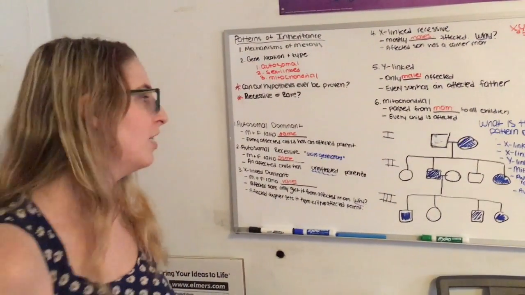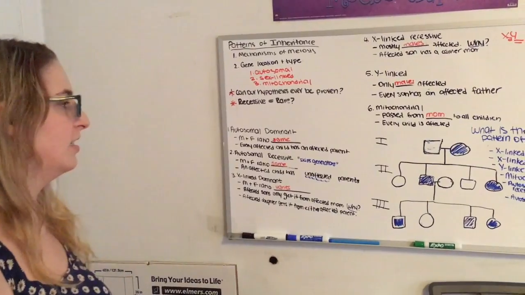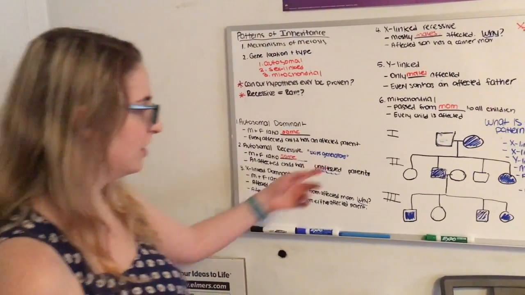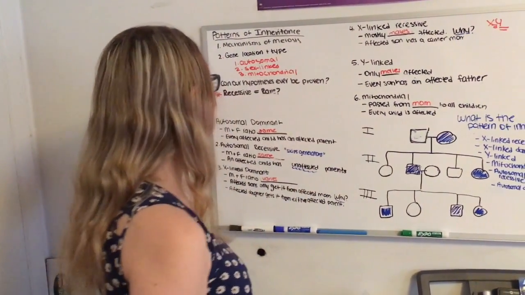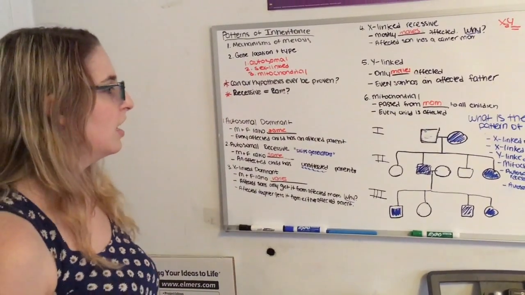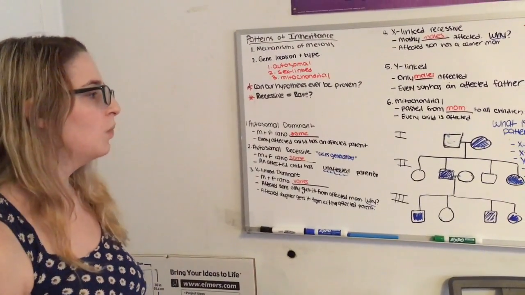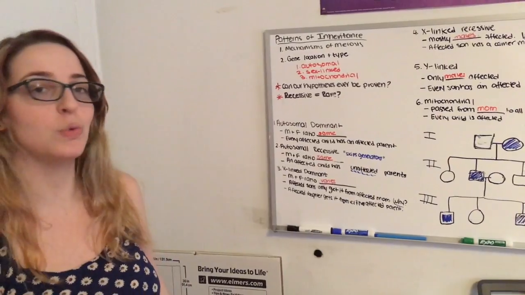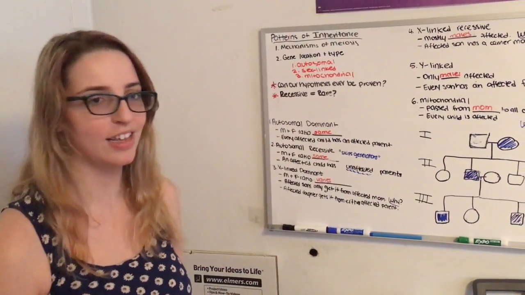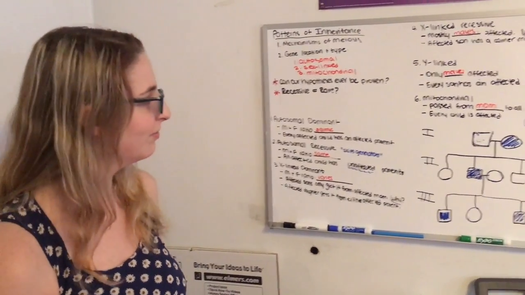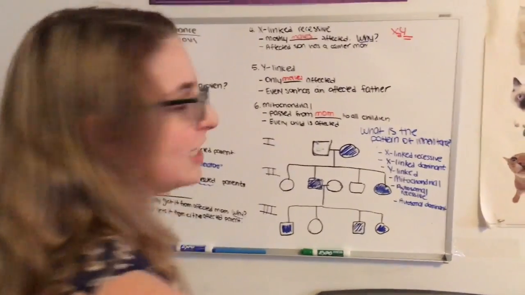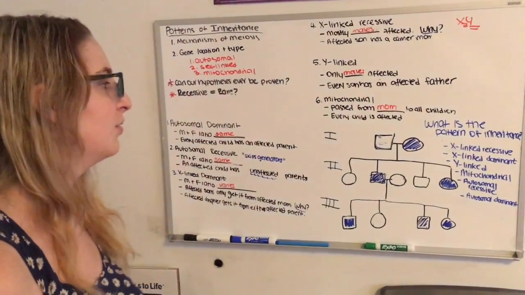Okay, so now that we've gone through all 6 patterns of inheritance, let's do this example, keeping these 2 ideas in mind, and trying to see which patterns of inheritance won't work and why, and then we'll get down to the right answer. Okay, let's see whether it could be X-linked recessive.